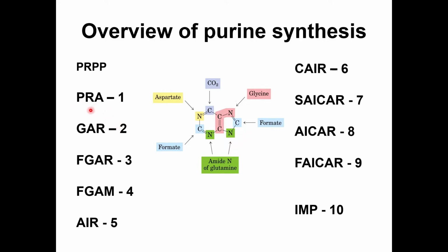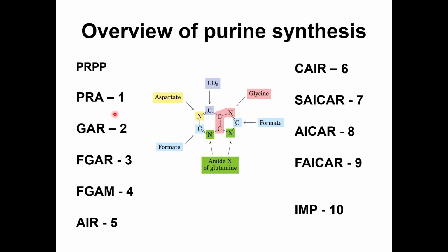This is the rate limiting step, in which the enzyme is glutamine PRPP amidotransferase. Glutamine donates its amide nitrogen to PRPP, displacing its pyrophosphate moiety. So this is the rate limiting or regulatory enzyme of this pathway.